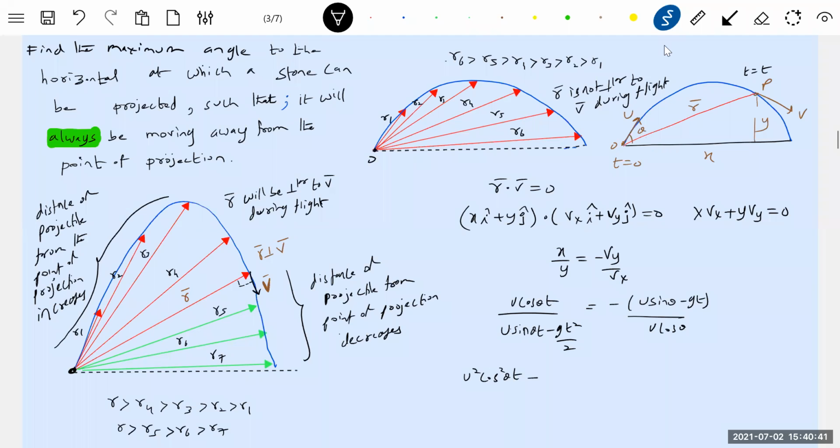Then I have to expand this big bracket: u square sin square theta t, so many terms will come, then plus u sin theta gt square, minus u sin theta gt square by 2, minus of minus will be plus, then minus g square t cube by 2.